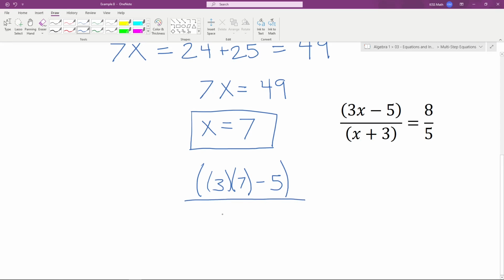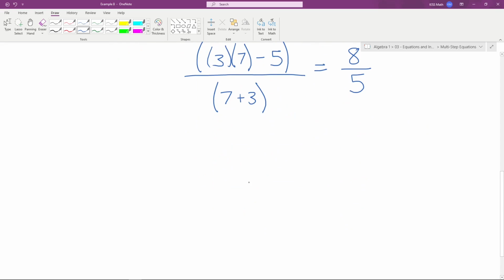All over 7 plus 3. And supposedly that's going to equal 8 over 5. And I hope that's what we get. So we have parentheses. 3 times 7 is 21 minus 5 over 7 plus 3 is 10.